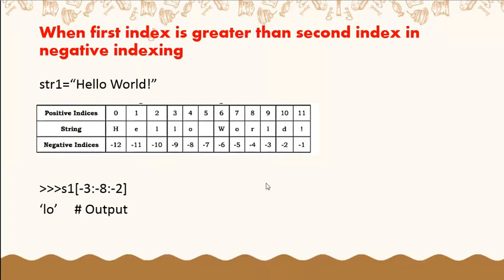That means at minus 3 L is stored, then at minus 5 O is stored. That means there is a difference of two numbers between two index numbers. After minus 3, minus 5 will come, then after minus 5, minus 7 will come. But at minus 7 it is a space here, so it is not showing anything. LO.